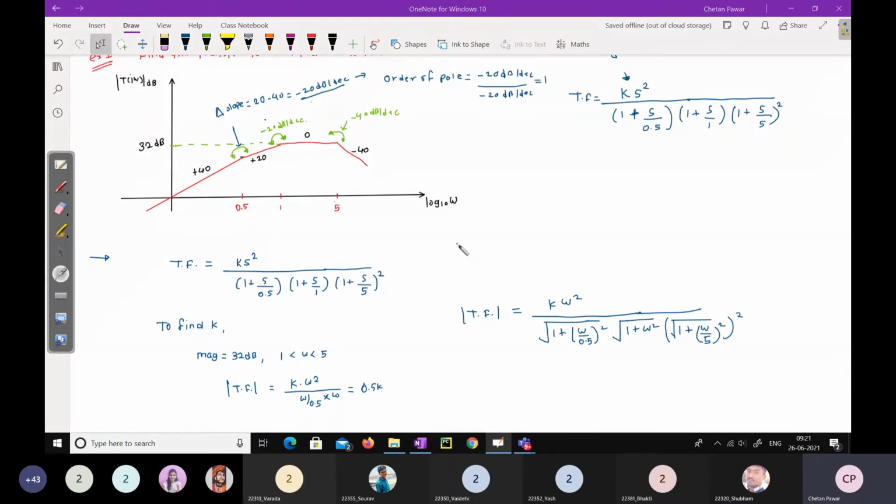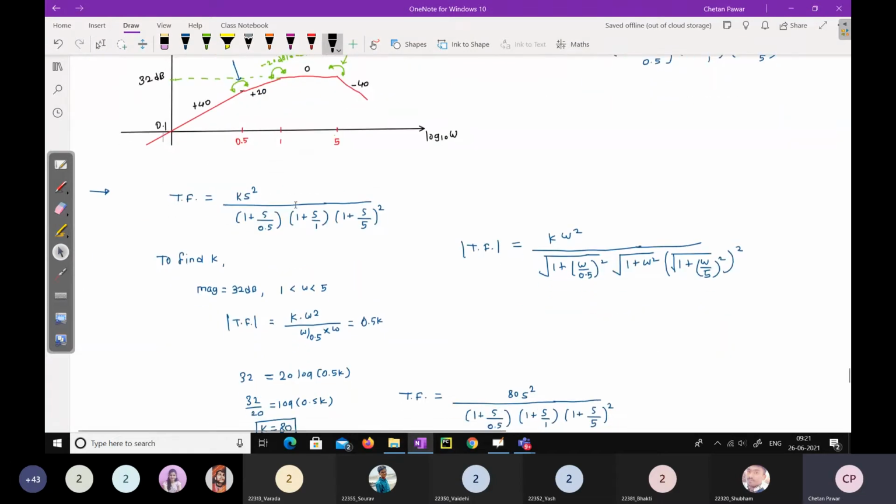If I have to find the magnitude at omega equal to 0.1, at this point, that is my DC gain, right? The gain. So at this point I need to find the value of magnitude.